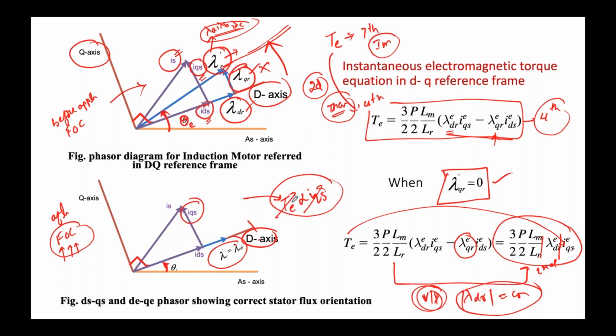With the combination of the transformation technique and field orientation, we can bring the seventh order equation to first order with respect to the control circuit. By controlling IQS more effectively based on the customer requirement, within a short period we can control the torque instantaneously.